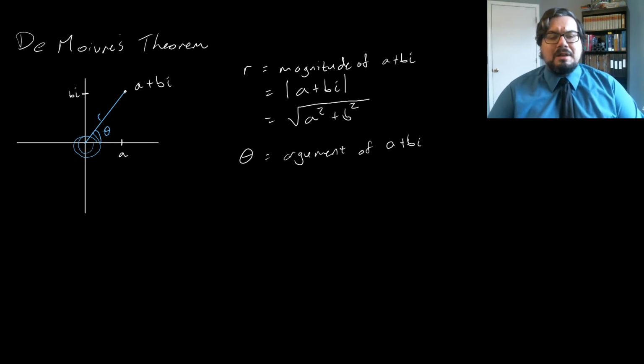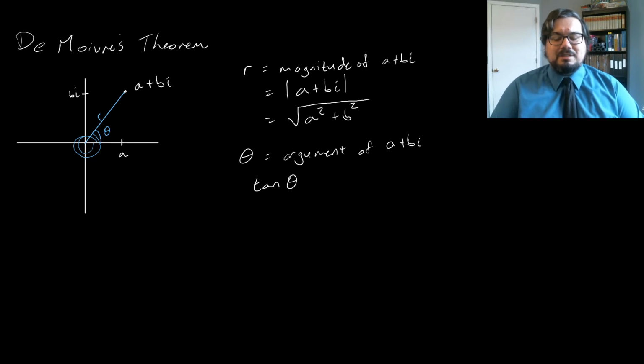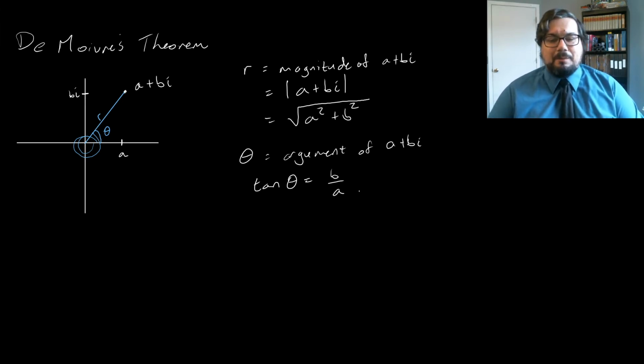And there are a number of different ways to describe it. Because theta is not unique, we don't have precisely a formula for it, but what we do have is the relation that tangent of theta is always equal to b over a. And this can help us to find at least one argument for theta.